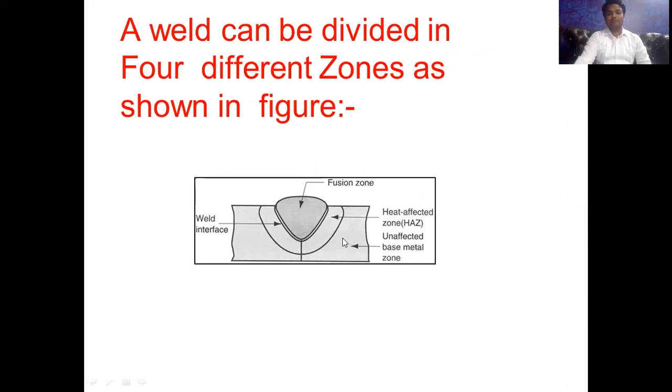Here there is no effect of peak temperature, no effect of the heat input, no effect of cooling rate, and no effect of exposure of the weldment to the high temperature. That is why we call it the unaffected base metal zone. So all these zones have different microstructures as well as different mechanical properties.